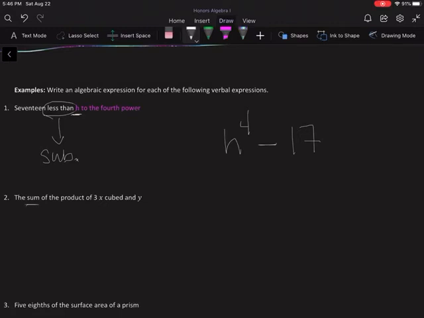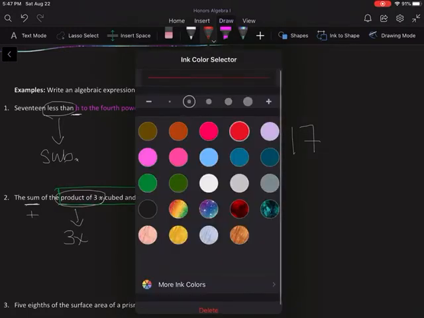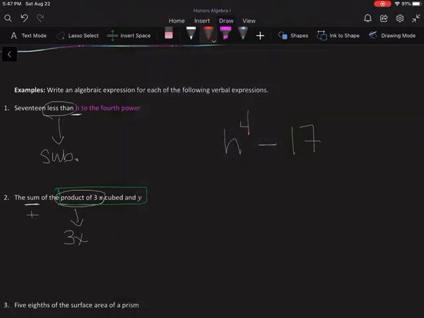Okay, the sum, so we know that's addition, of the product of 3x, okay? So that's probably just 3x and y. So the product of 3x and y. If I were to differentiate that, we have the product of 3x and y.